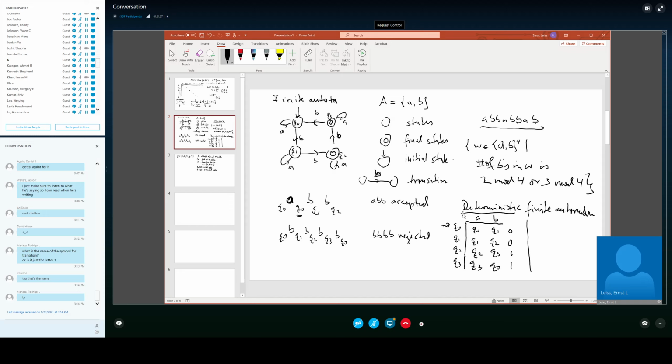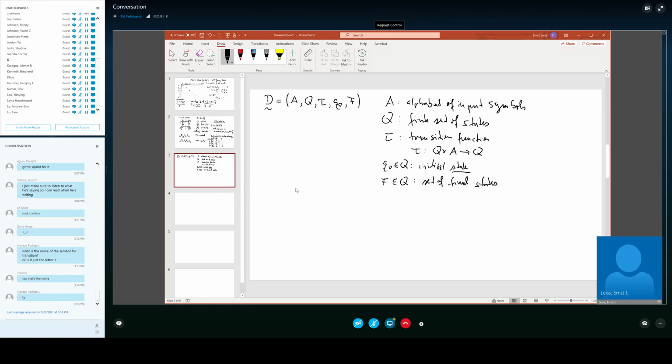And so with those two additions, what is the initial state and what are the final states, this actually is a complete description of what we have formally written down here: alphabet, set of states, transition function, initial state, and set of final states. So with that addition, yes, you are absolutely right.